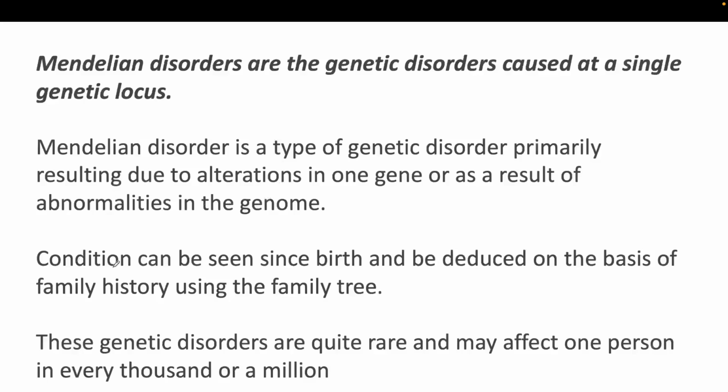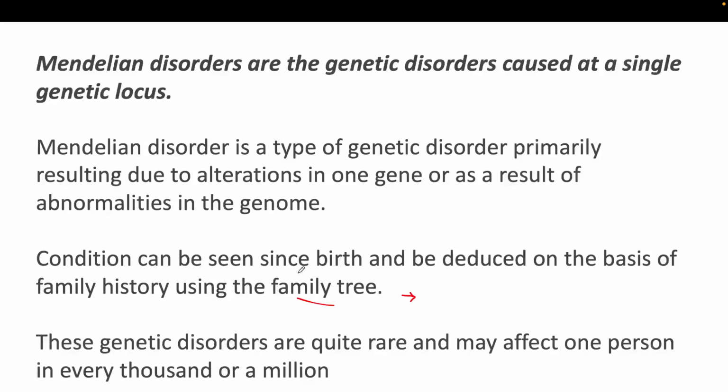If some offspring is showing a Mendelian disorder, we can deduce where the disorder came from through the history of that offspring's family. We analyze this through the pedigree tree.